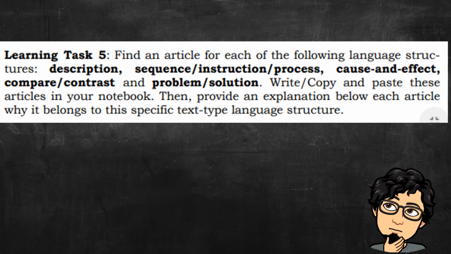For our fifth learning task, find an article for each of the following language structures: description, sequence or instruction or process, cause and effect, compare and contrast, and problem solution. Write or copy and paste these articles on your paper. Then provide an explanation below each article why it belongs to this specific text type language structure.